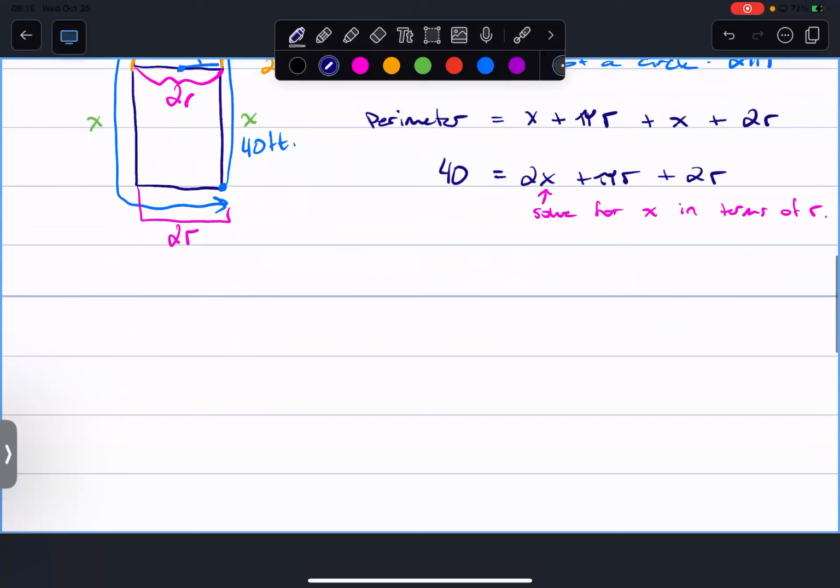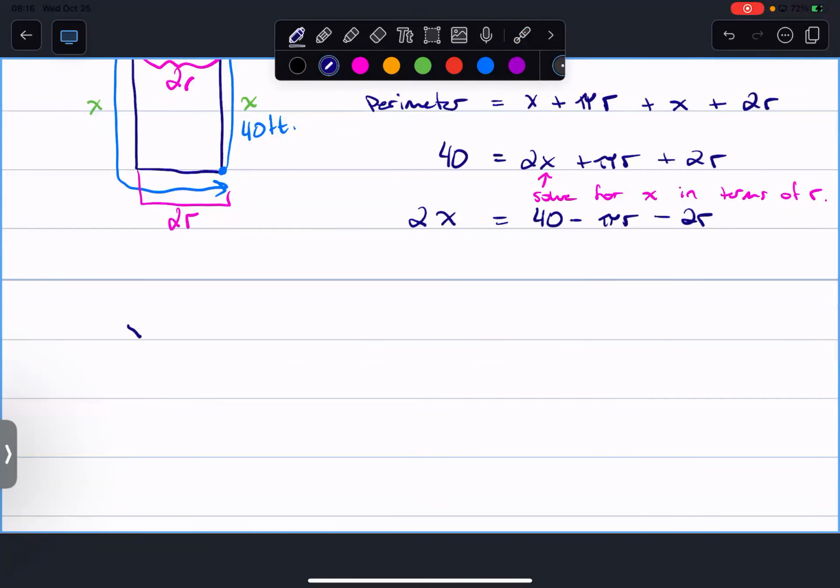So I get 40 minus pi r minus 2r, and then divided by 2. I'll do one step in between. 2x is 40 minus pi r minus 2r, which means that x, I'll put it on the new page, is 40 minus pi r minus 2r divided by 2.